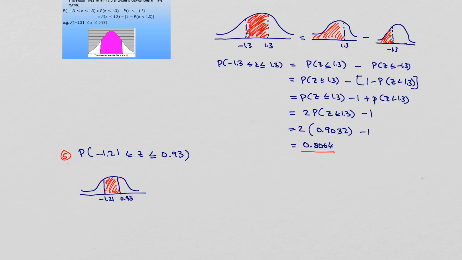And again, we're looking for all of that. So of course, how can we find that area? Well, we can split that into 2 parts. So we can say less than 0.93, which is going to be all of that area there, minus the probability that it is less than minus 1.21.